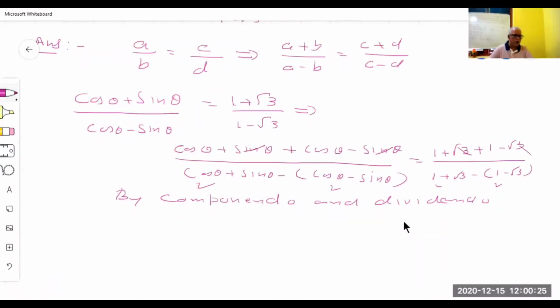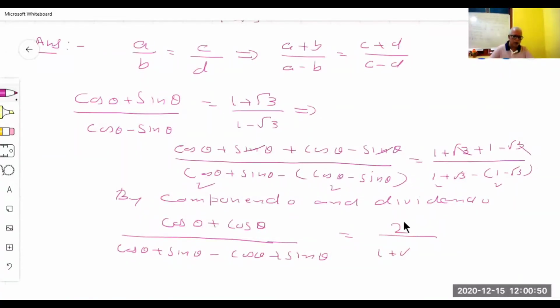Cos theta plus cos theta. Do one more step: cos theta plus sin theta minus cos theta plus sin theta is equal to 2 divided by 1 plus root 3 minus 1 plus root 3.